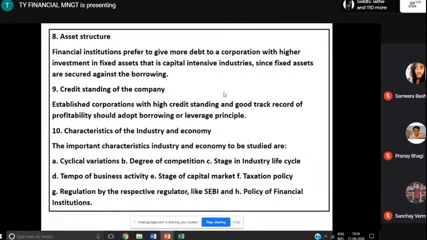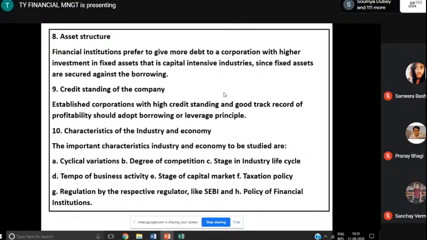We must say the hotel business is a capital intensive industry. If someone asks what the special characteristics of the hotel business are, you must say it is a capital intensive industry. What do you mean by capital intensive? Fixed capital, that is fixed assets, which is 80%. Since fixed assets are secured against the borrowing, it is very clear.